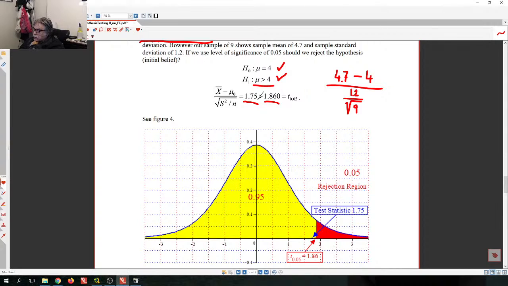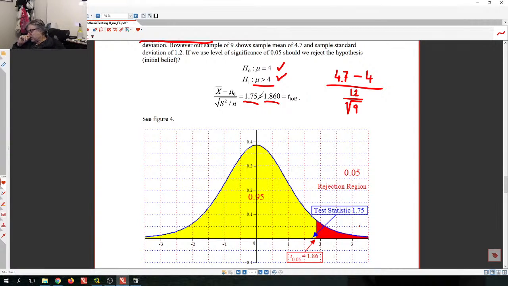The tail starts at 1.86. So the test statistic, 1.75, didn't pass the critical value. If you want to reject a null hypothesis, this number should be bigger than this number. It should be in the tail, bigger than 1.86.